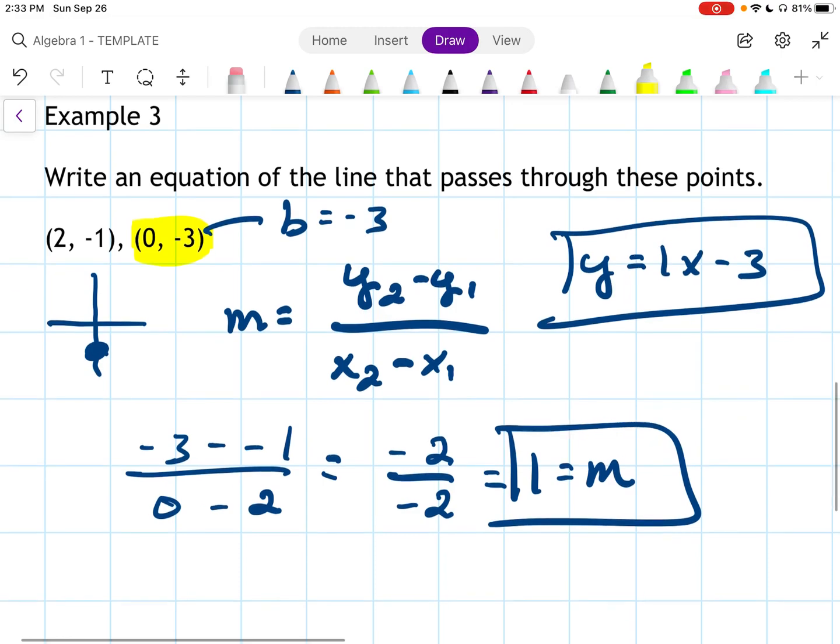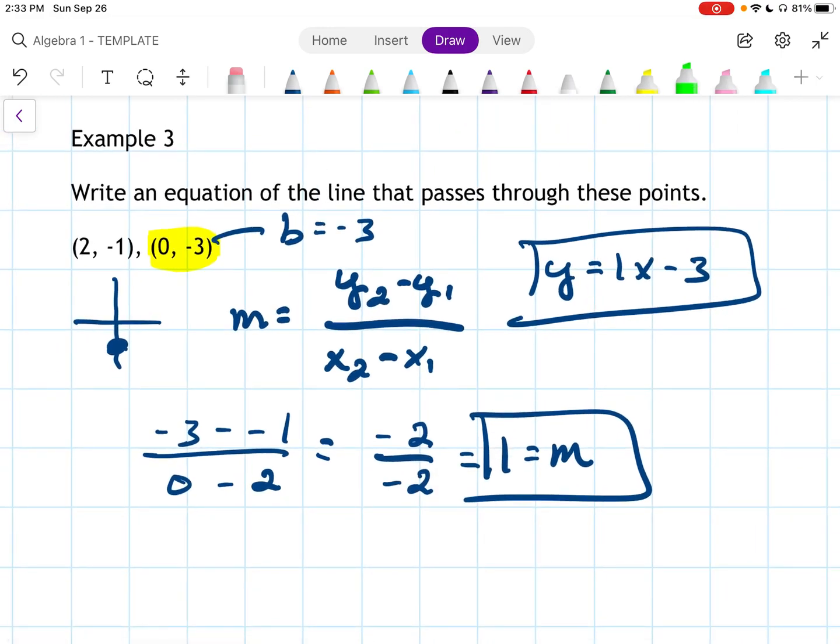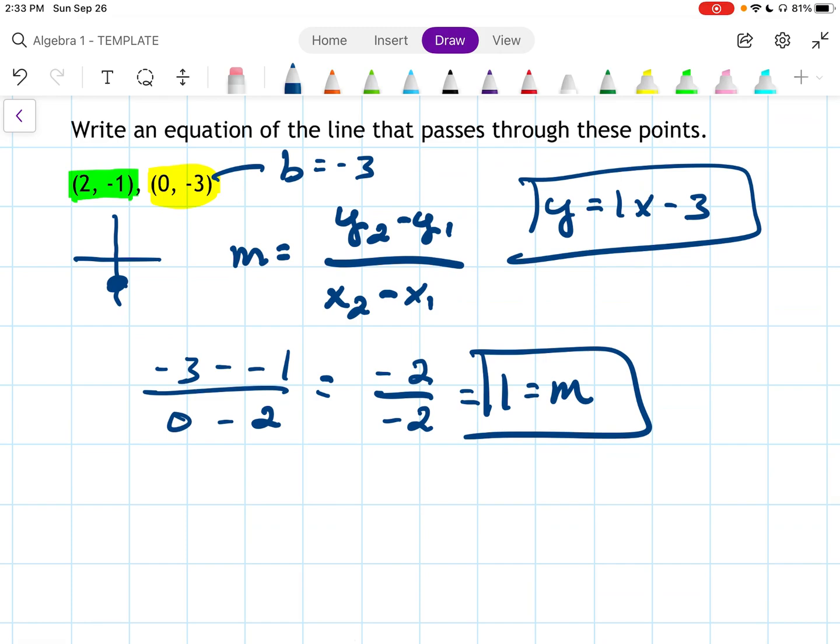So I'm going to pretend like this problem did not give me this nice point, this nice yellow point, and I'm going to use the green point to plug back in. So say that we've worked this problem. I've gotten that my slope is 1. So I know my equation is going to look something like y equals 1x plus b. But I still have to find b.